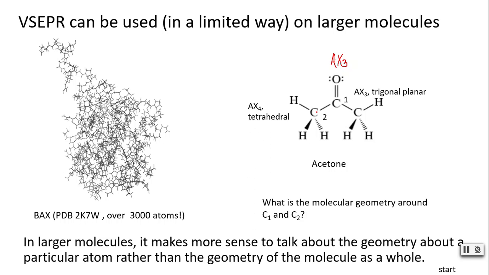So my VSEPR notation is AX4 with a molecular geometry of tetrahedral. So can we use VSEPR on larger molecules? Yes, we can, but in a limited way. We can use VSEPR to say something about the geometry of that molecule at a particular atom of that molecule.